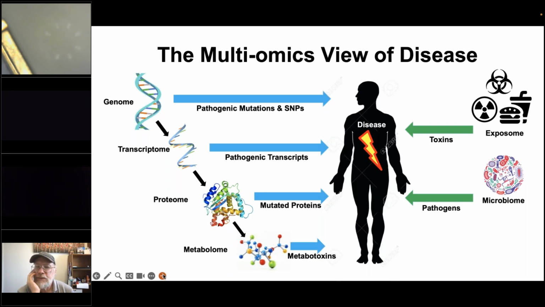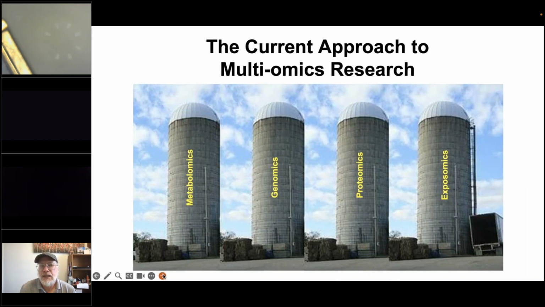Thinking of disease as only one silo, of only one omics, of only one form is probably too naive. And even though most of us here are doing metabolomics, we also have to think of other contributors to the conditions that we're looking at.